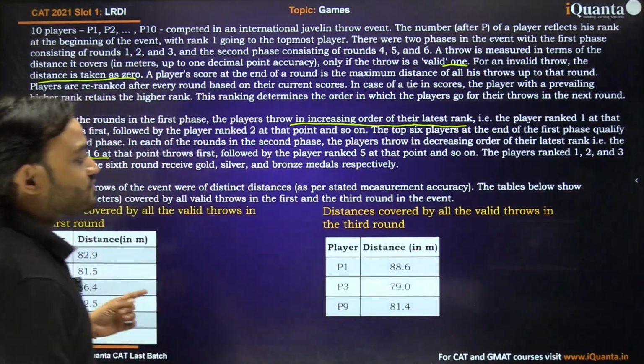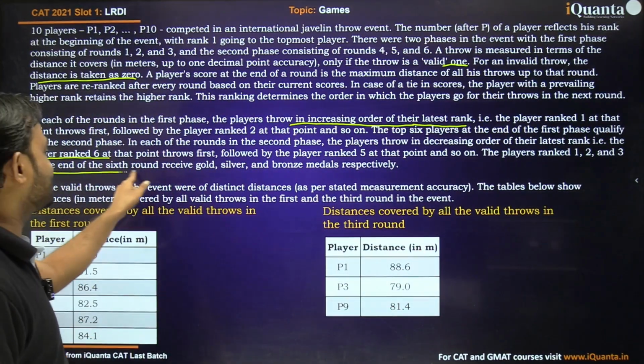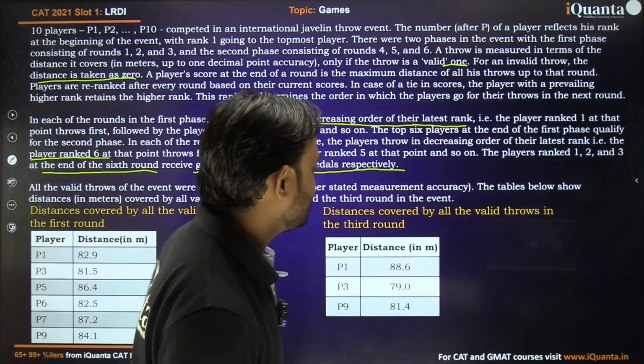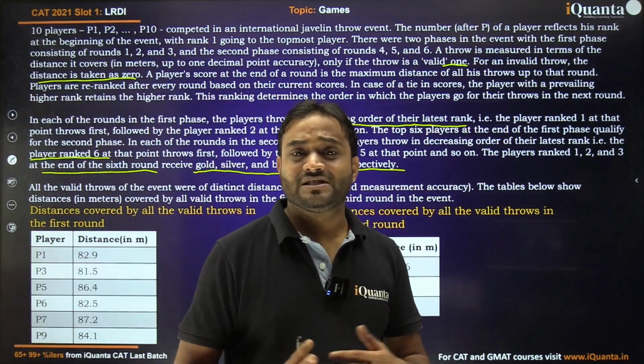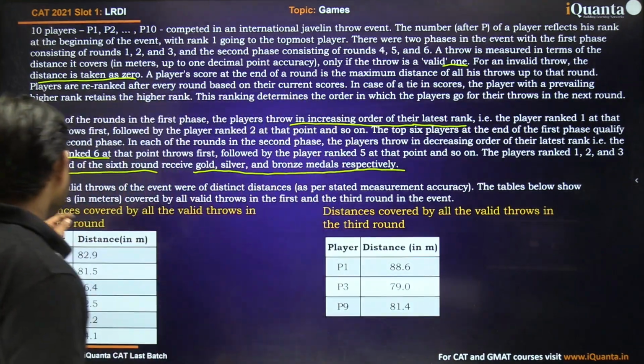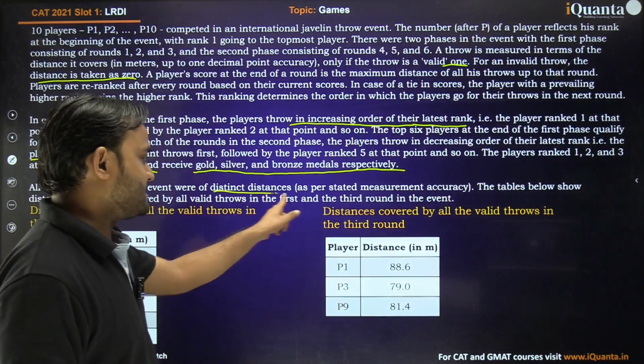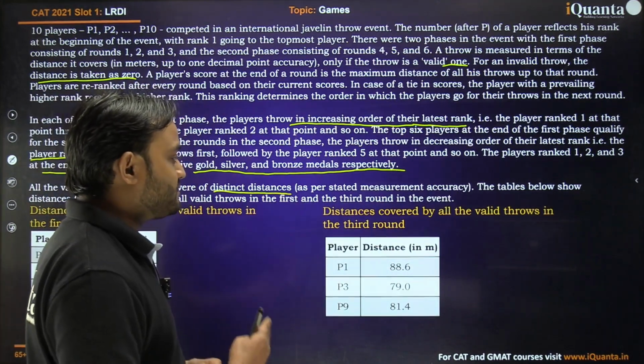The players ranked 1, 2, 3 at the end of the 6th round receive gold, silver and bronze medals respectively, just like it happens in Olympics. All the valid throws of the event were of distinct distances as per stated measurement accuracy.